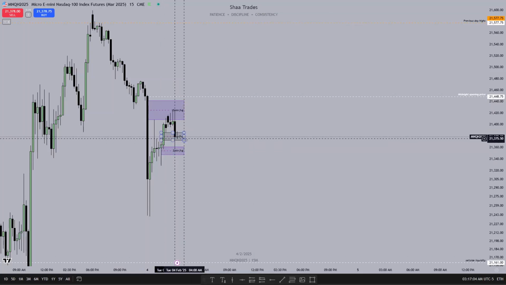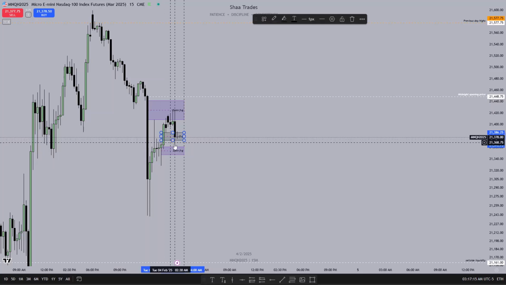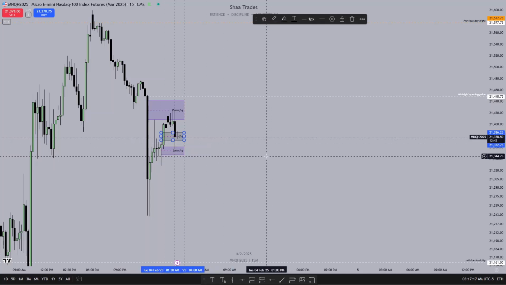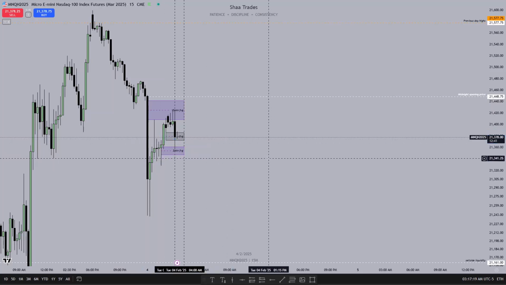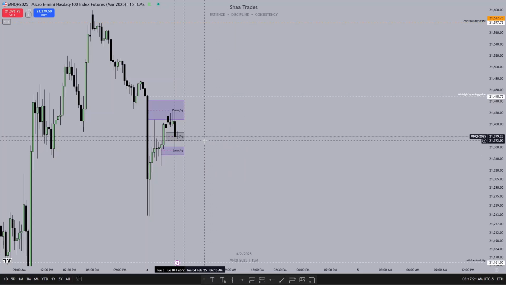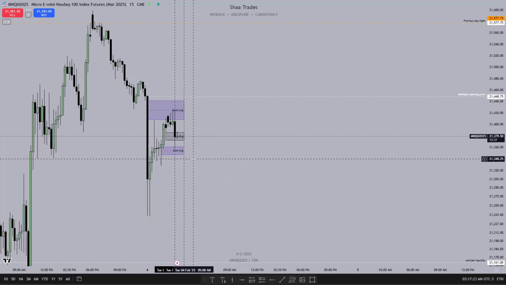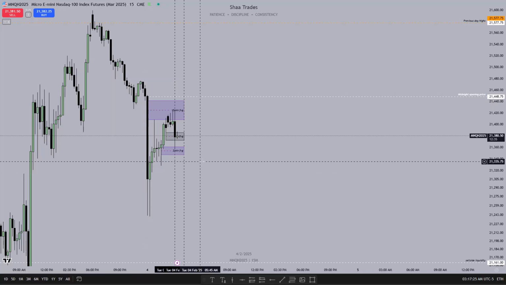Okay, price didn't even close below it, but it's moving heavy, so okay, we're still watching.